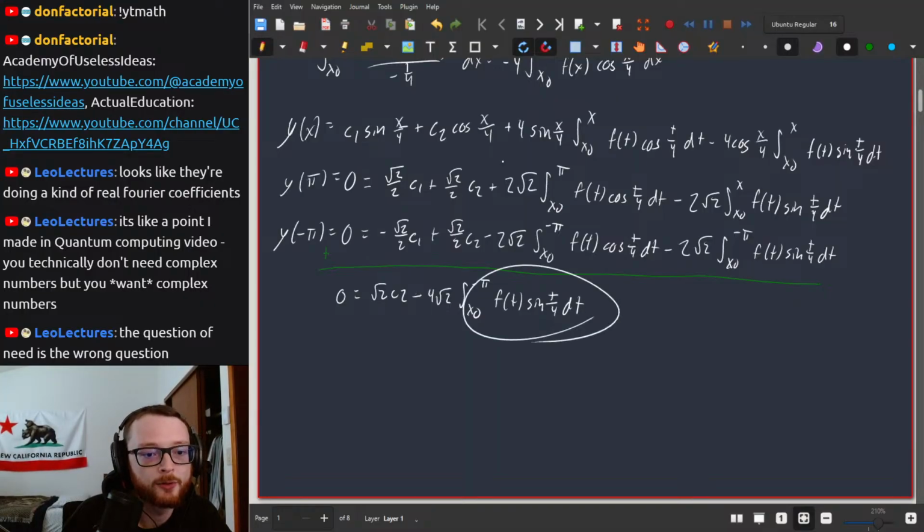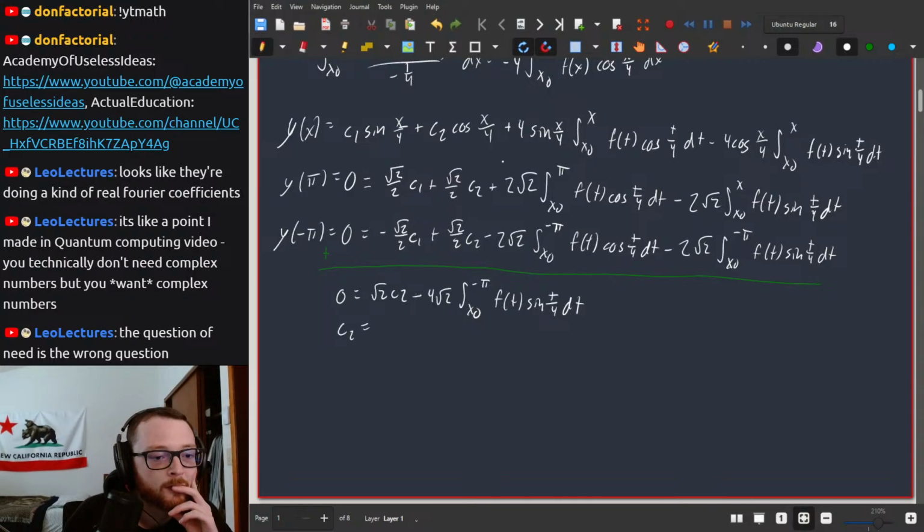This is just a number. It is 4 times this integral.